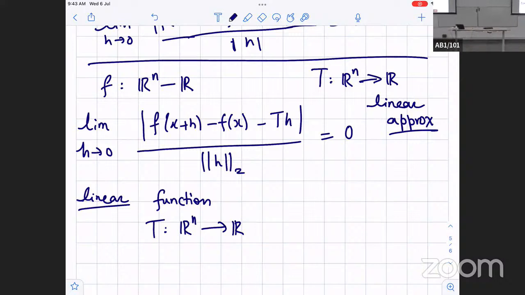Rn is, for example, in your image classification for the pixels, there were 28 cross 28, right? If you consider it as a vector, each component is independent, correct? So the first one will be R1, the second one R2, R3 like that. So n could be any number like that. Is that okay?